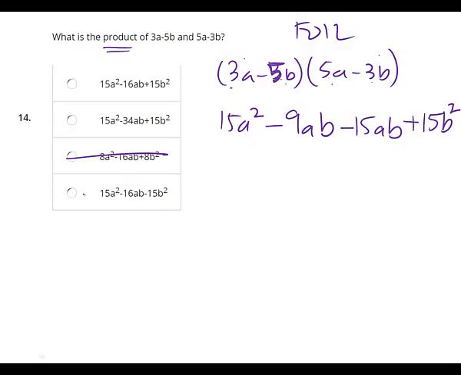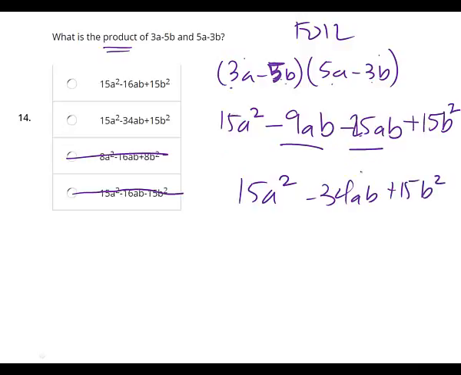Oh, it's not this one, right? Because that one says negative. So it's either 16 or 34. So negative 9 and negative 15 ends up being what? Negative 25. You changed it to 25. Which one? This one? Yeah. Okay, thank you. So what is negative 9ab and negative 25ab? Negative 34ab plus 15b squared. So it's definitely answer choice B. We good with 14?